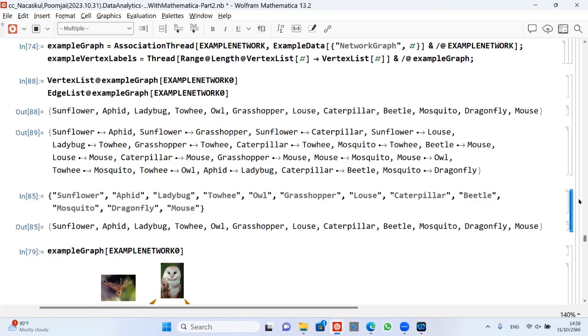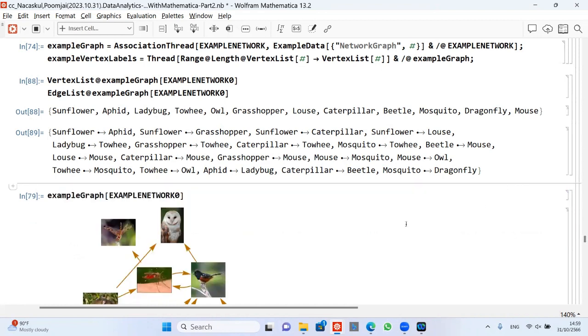Well, you remember that a vector is a good way of representing individual attributes. A good way of representing a relationship would be a matrix, right? So now I have an order: the first one I refer to is sunflower, the second one is aphid, the third one is ladybug.